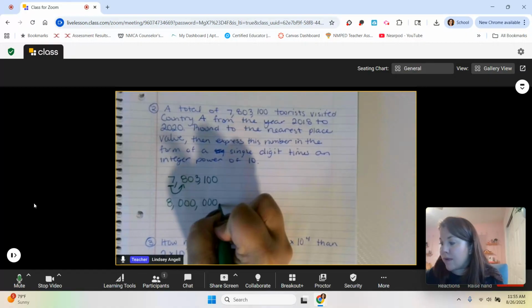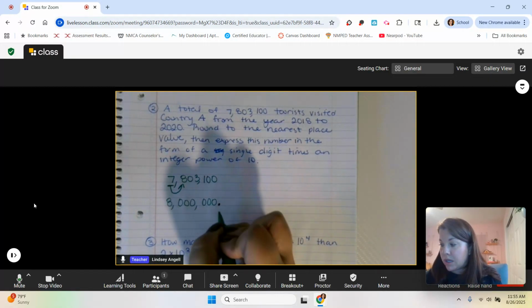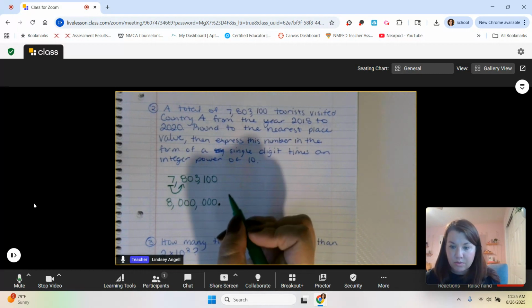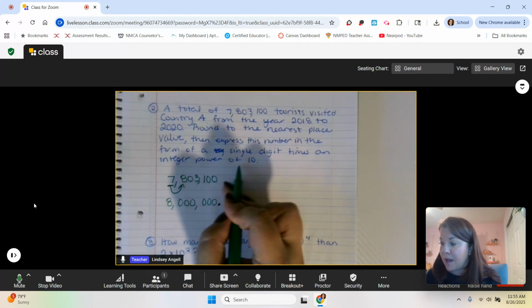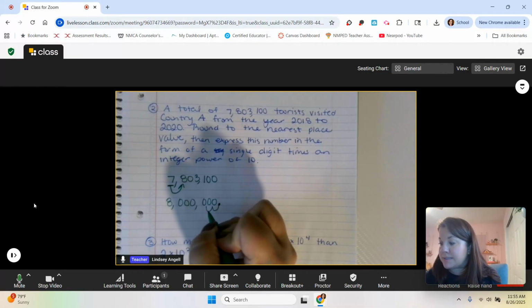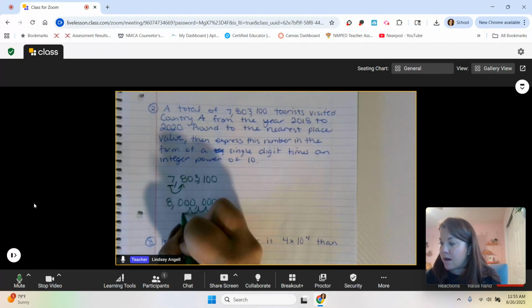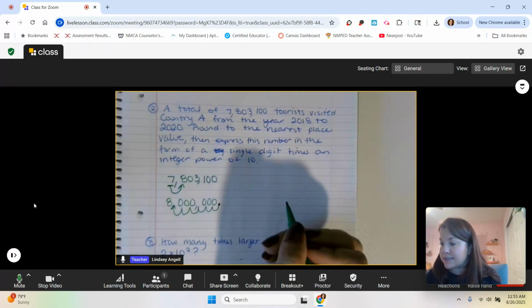Well, right now my decimal point is at the end of the number. In order to figure out what my exponent needs to be in my power of 10, I'm going to figure out how many times I'm moving my decimal point. So 1, 2, 3, 4, 5, 6.